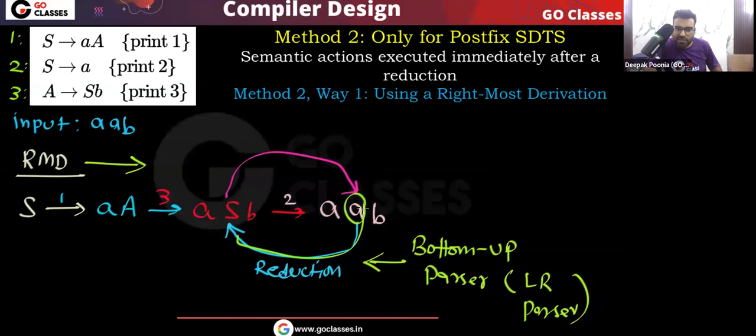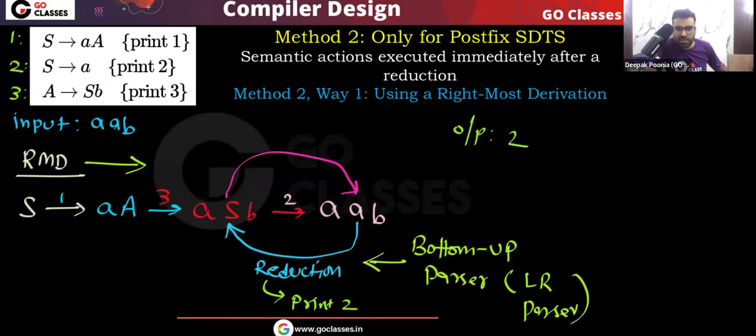This A we are replacing by S. So the corresponding semantic action we will execute, means we will print 2. Is this clear? So the output will be 2.